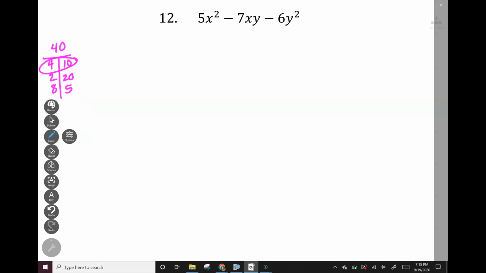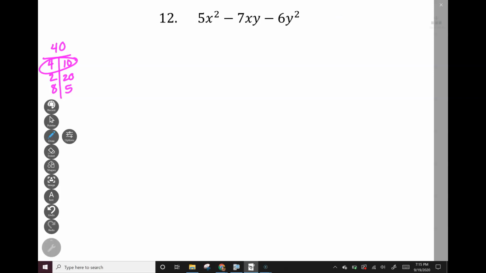Number 12. I'm not seeing any GCFs for 5, 7, and 6. X, Y, no GCF. So let's move right along. This is the first one where you have two variables, but it is going to work exactly the same.